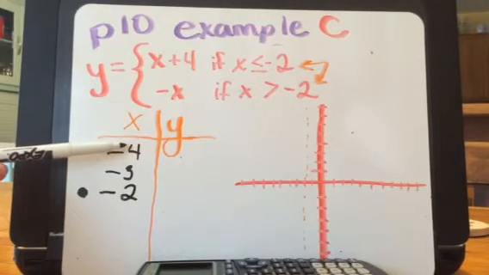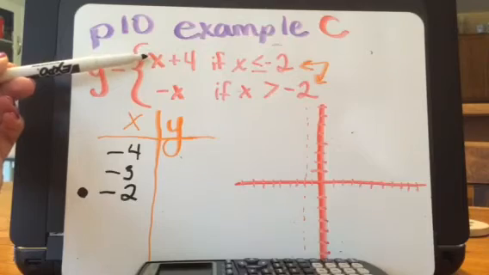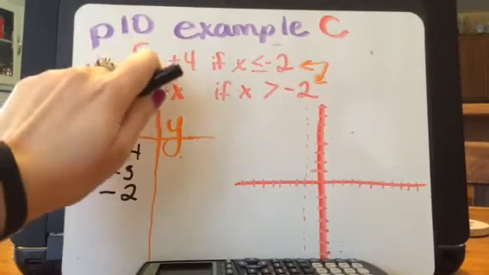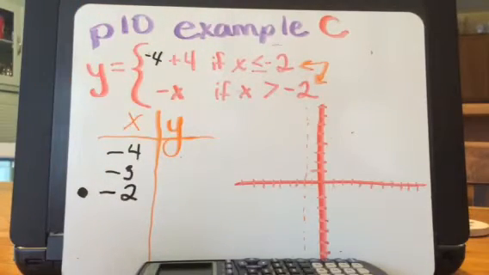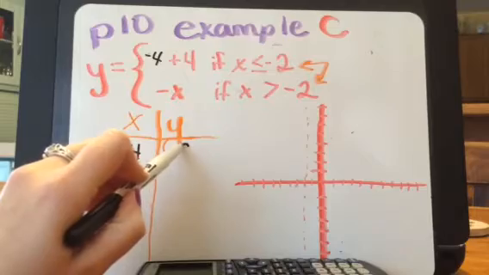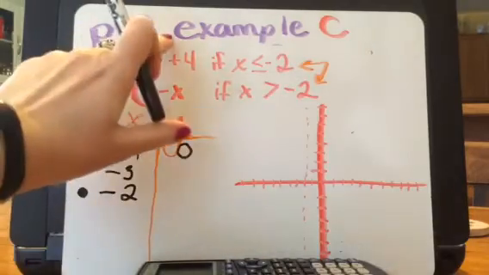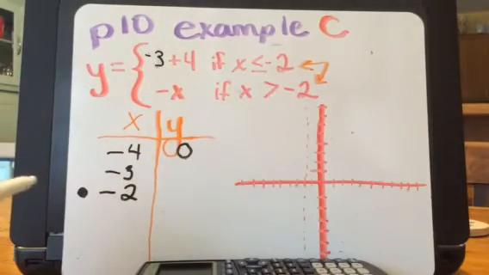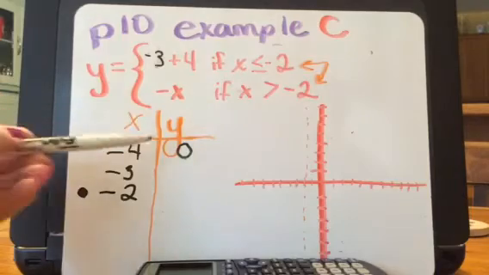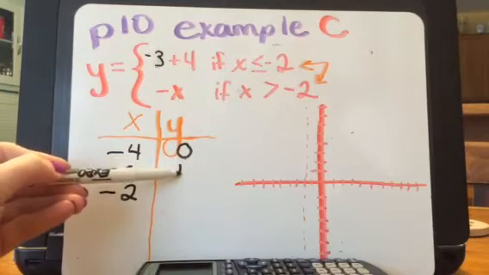When I plug -4 into this first rule, -4 plus 4, my output is 0. When I plug in a -3, -3 plus 4 is a +1.